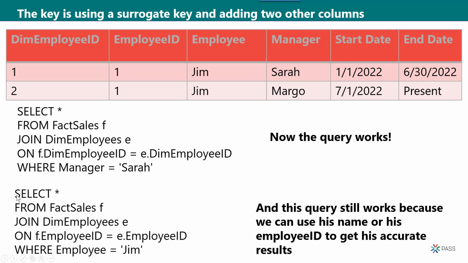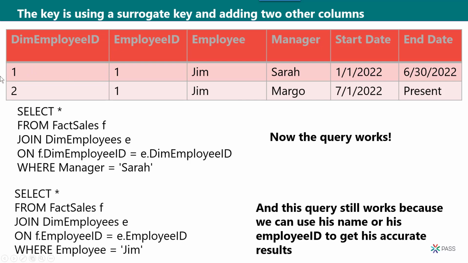Now, in addition, we can also pull Jim. We're saying get fact sales, join dim employees on employee ID. So we're not using dim employee ID, we're using employee ID. We can say either join that to the fact table, or you can use dim employee ID, but then in the where clause, make sure that employee equals Jim or employee ID equals 1.